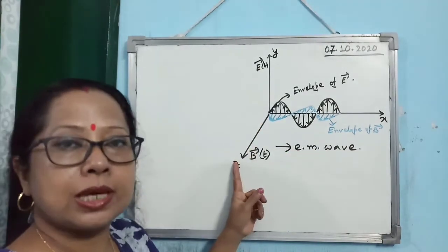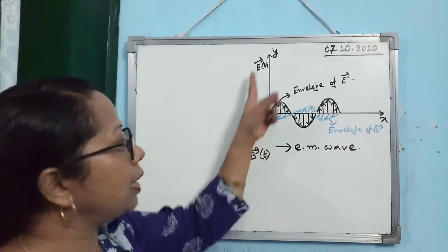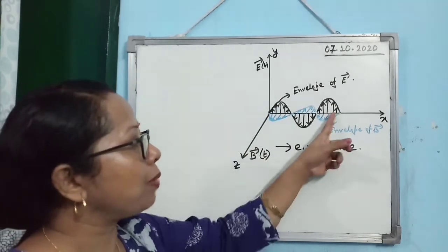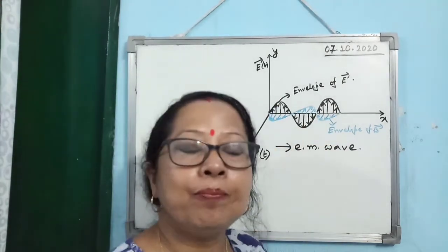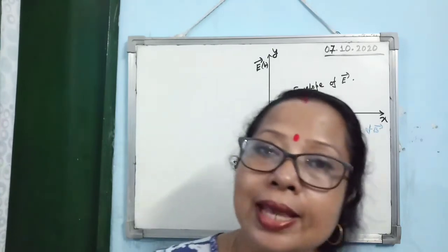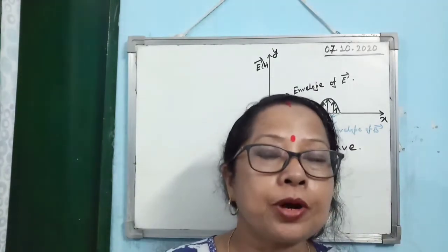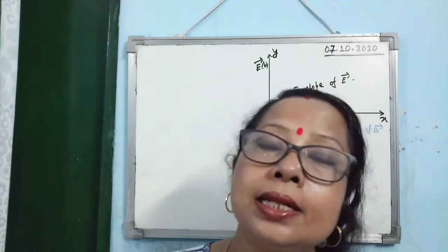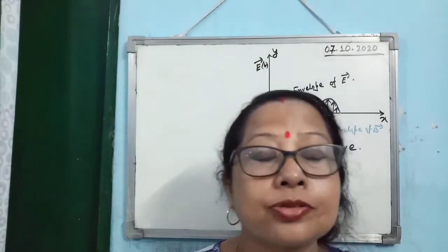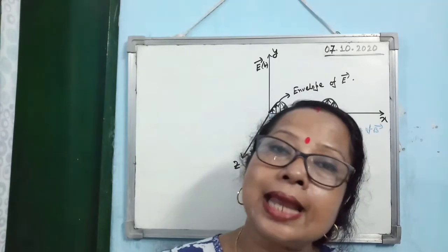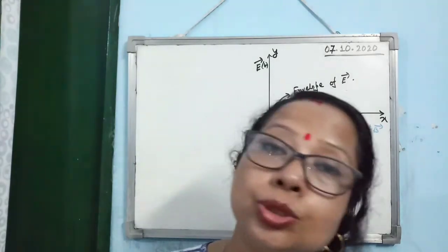Who is producing the electromagnetic wave? The electric field and magnetic field. And how is it moving? Perpendicular to them. That's why the electromagnetic wave is always transverse in nature. This is the most important point you have to remember, that the electromagnetic wave is always transverse in nature. It can never be longitudinal.